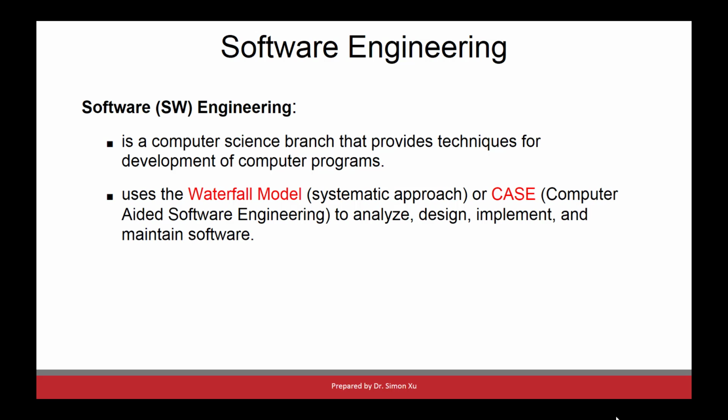And the CASE tool, CASE stands for Computer Aided Software Engineering, is a technique for us to use computers to help one or more phases of the software development life cycle. It involves software tools and training for developers.